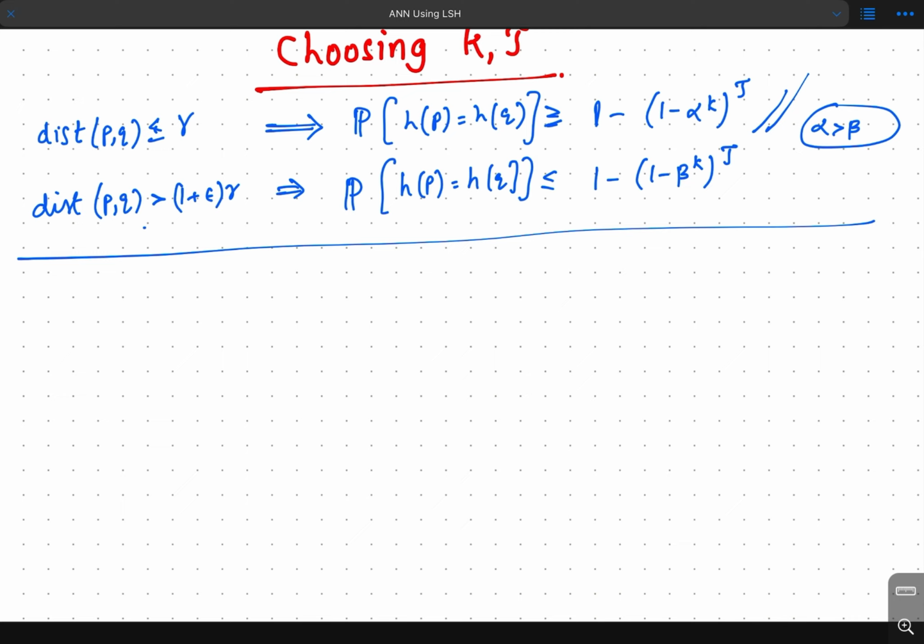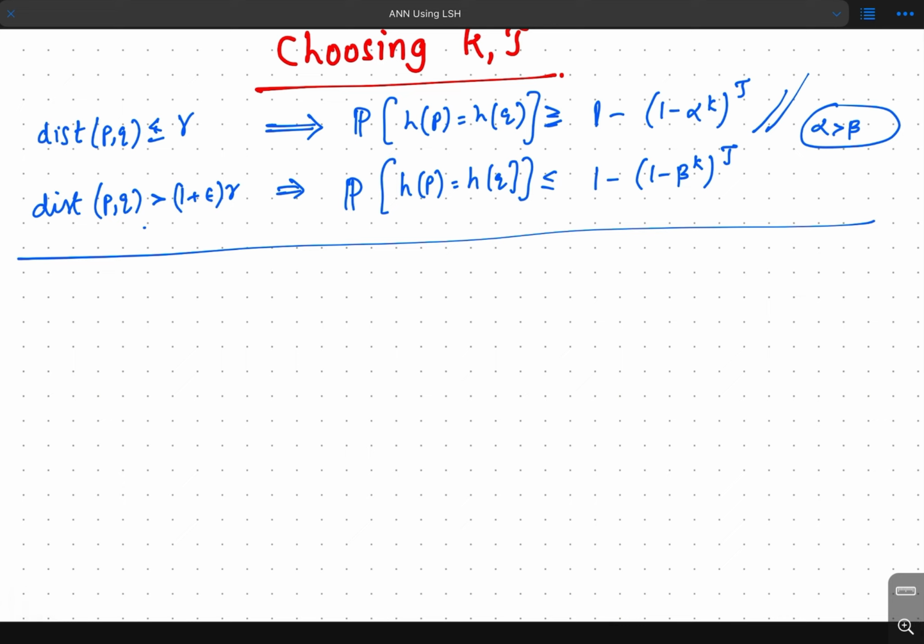And if this is close to 0, then it would mean that the number of bad collisions, that is, two points being very distant from each other but still colliding or mapping to the same bin, that number will be close to n times small o of 1, which will be sublinear in n. That's our goal.